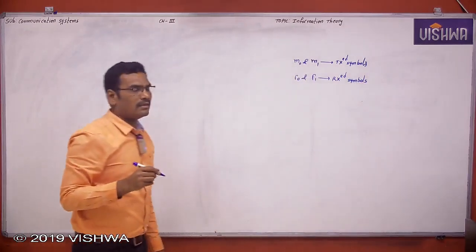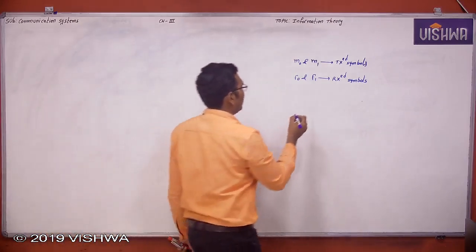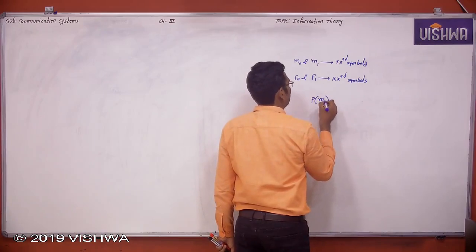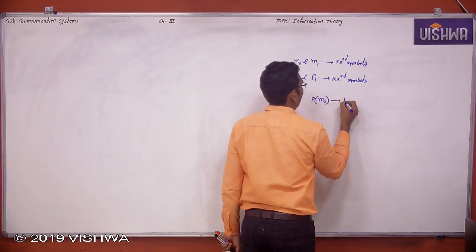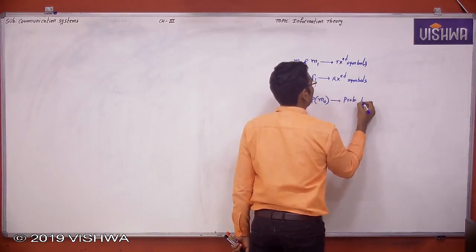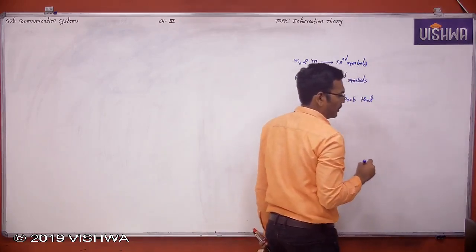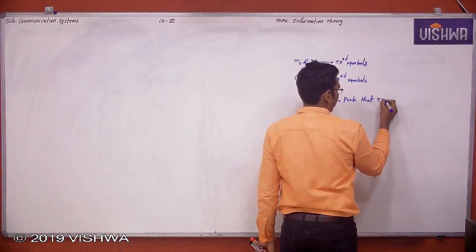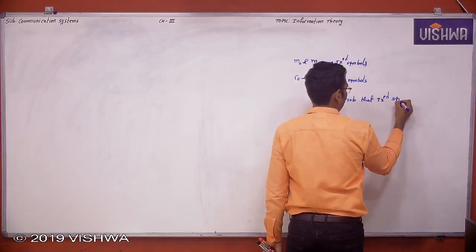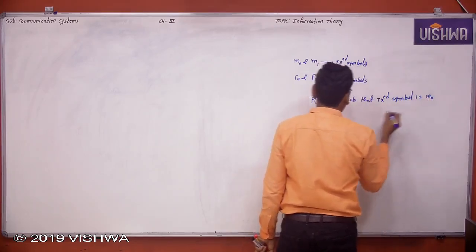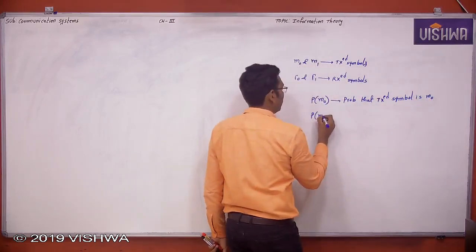R0 and R1 are received symbols. P of M0 is the probability that the transmitted symbol is M0. Now P of M1 is the probability that the transmitted symbol is M1.